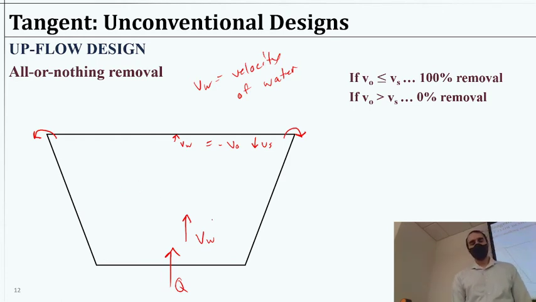However, even if down here the particles are not quite making it, maybe it's a small velocity term, so long as the water slows down enough as it's heading upwards, then it can make it and it'll be just fine. So it's kind of an interesting case. It's all or nothing, that high rate settling is almost all or nothing, maybe not quite. This one certainly is. It's not used particularly often, but it is a reactor design I thought was interesting and worth telling you about. Not really going to test you on these, I don't expect.